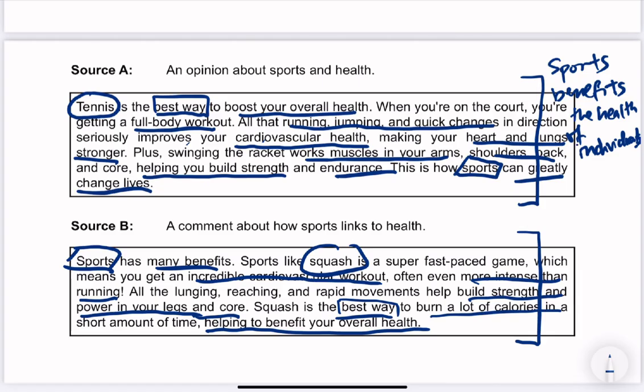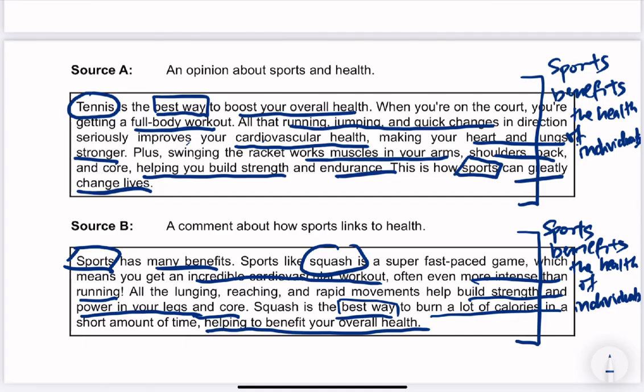Now if we look here again, it tells you that there are benefits, and the entire source actually describes also everything about health. So we can also say for source B that sports also benefits the health of individuals.